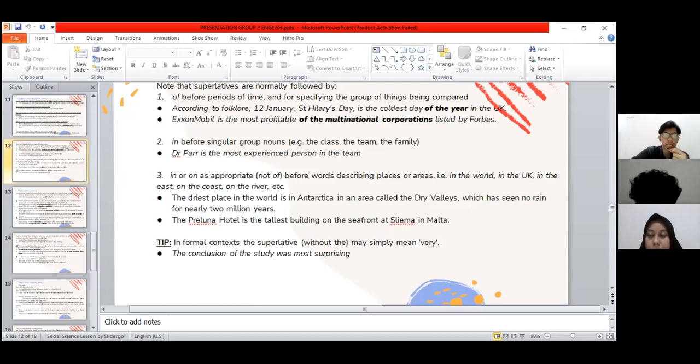Number two, in before singular group nouns, such as the class, the team, or the family. Example: Dr. Park is the most experienced person in the team.